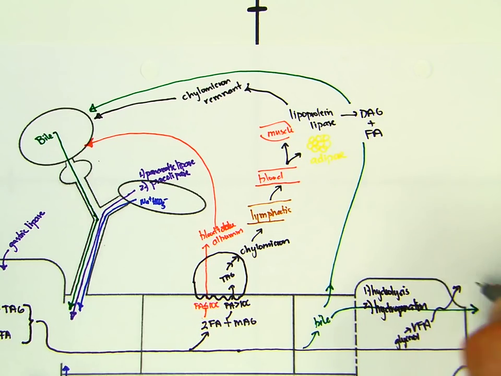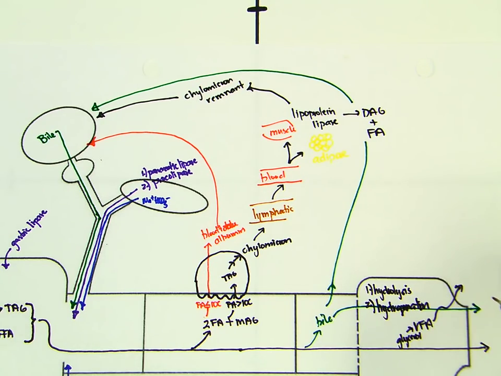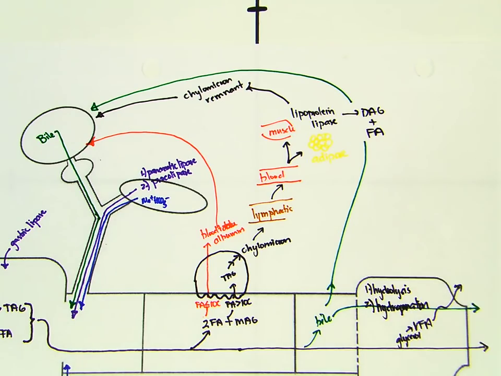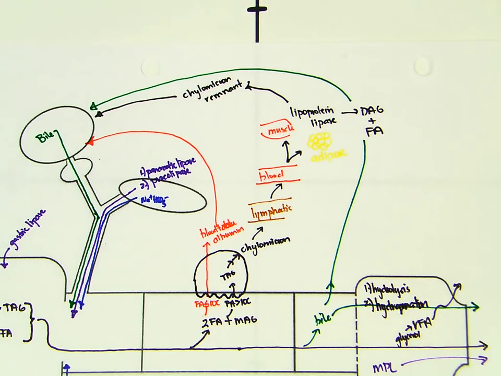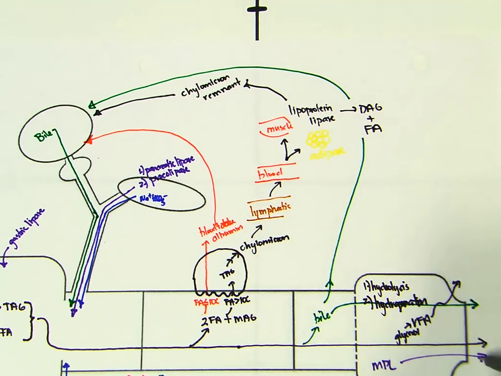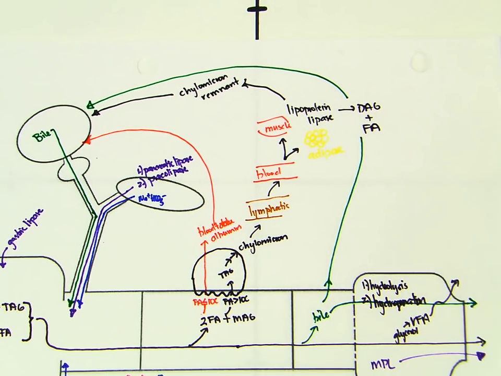And those VFAs get absorbed. And then we could also have the synthesis of microbial phospholipid, which could be excreted. Again, relative to the horse, it's going to be very little, and so also probably smaller than the cow as well.